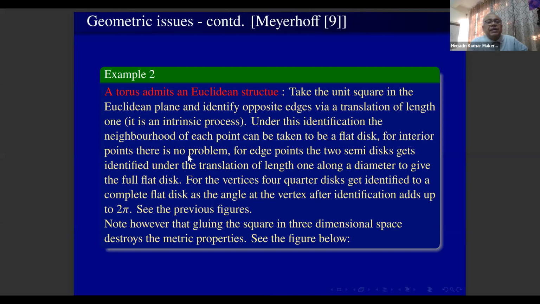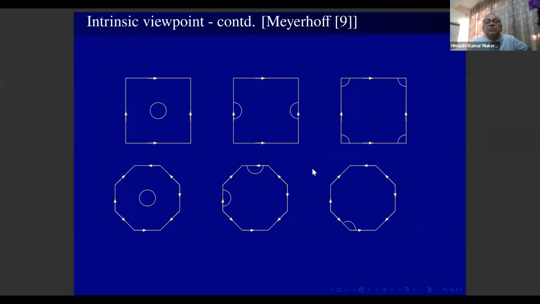For interior points, there is no problem. For edge points, the two semi-disks get identified under the translation of length 1 along the diameter to give a full flat disk. For the vertices, four quarter disks get identified to complete a disk, as the angle at the vertex after identification adds up to 2 pi. See the previous figures. So this one, these four will add up to 2 pi.